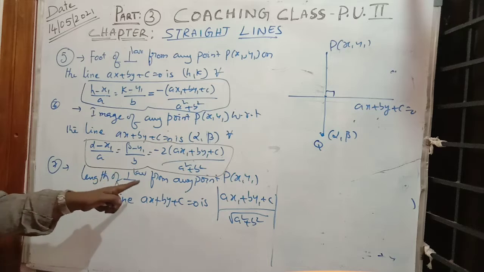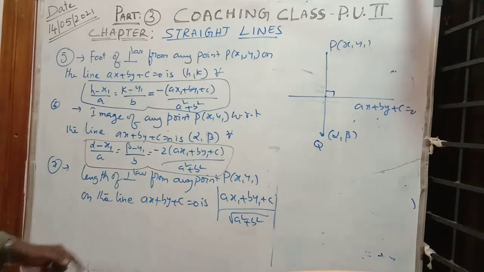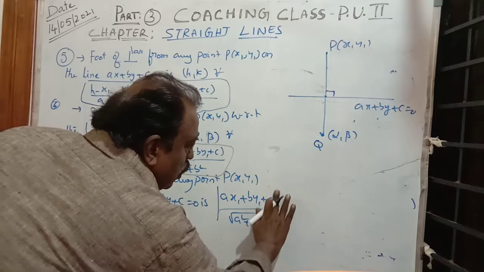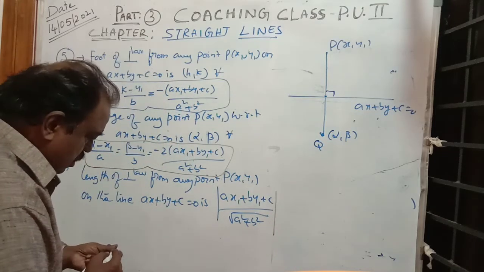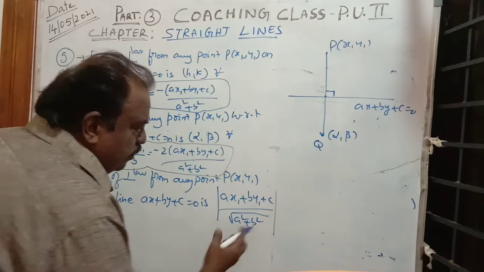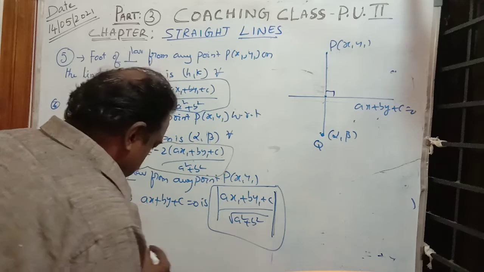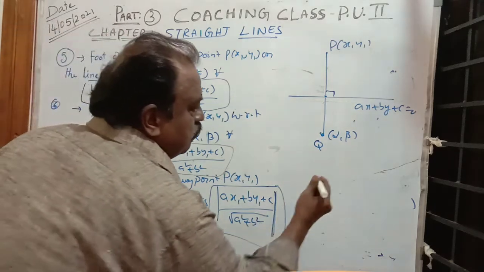Next, we'll go to the third one: the length of perpendicular from any point P on the line. It is also a good concept. Length is always in the modulus in the formula. I will draw the diagram.